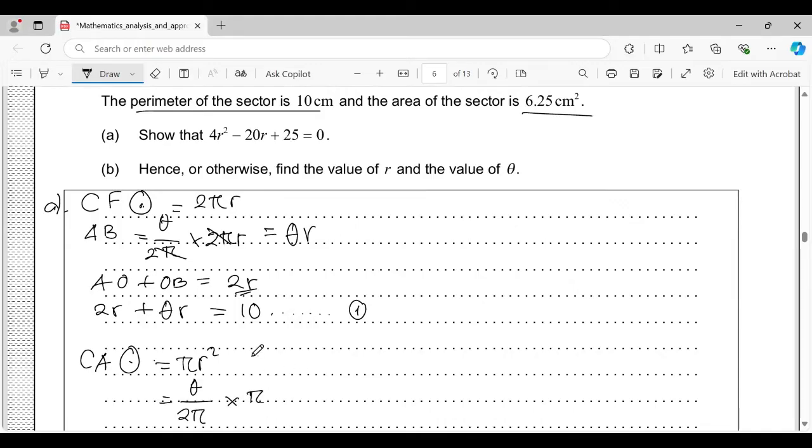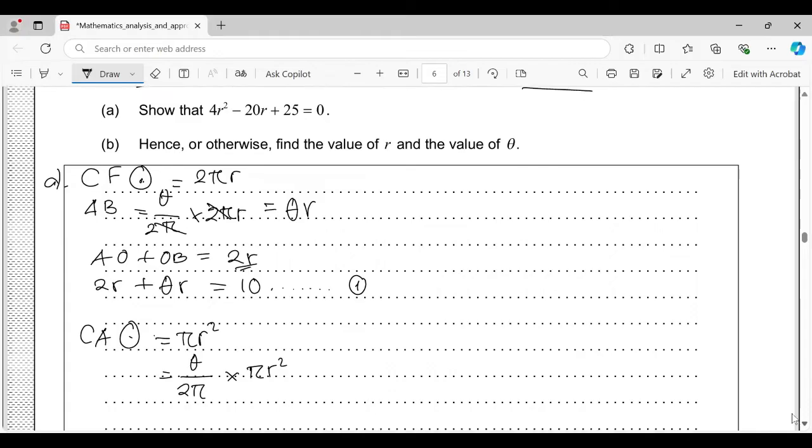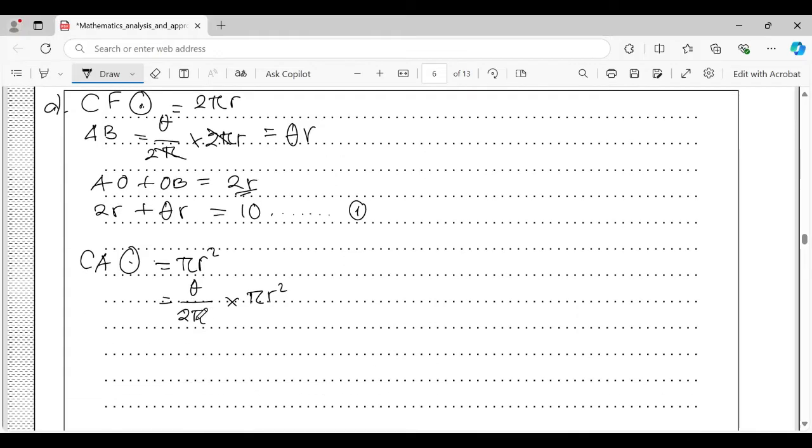But the formula area is pi r squared, and I will simplify. Divided by pi, it becomes theta over 2 multiplied by r squared, or 1 over 2, or half theta r squared.